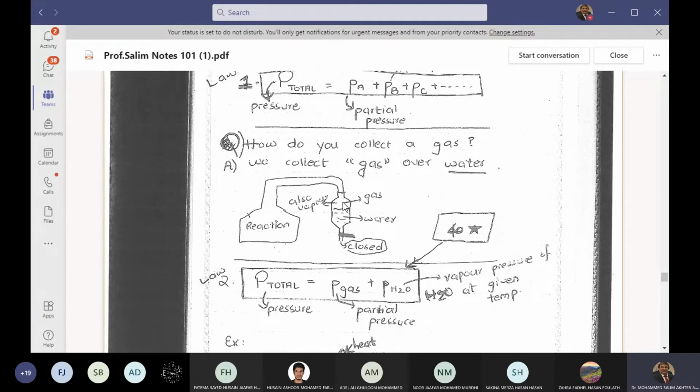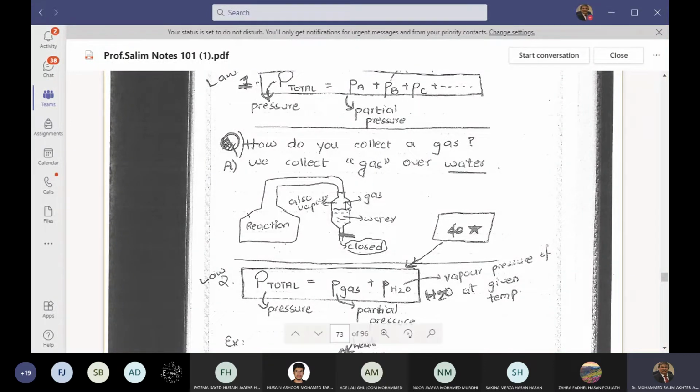I can also measure the pressure. But this pressure here will have the pressure of the gas plus vapor pressure. You know vapor pressure? Pressure of bukhar, vapor of water. So this empty space has gas, because if it is colored, I can see, but if it is not colored, I cannot see.